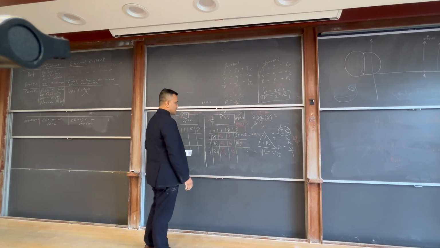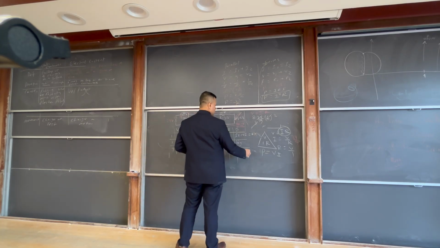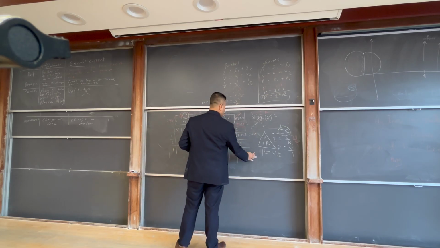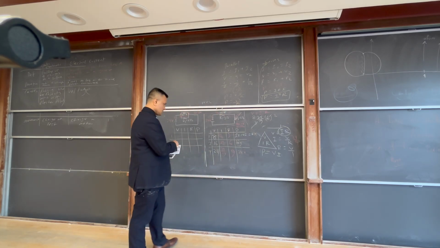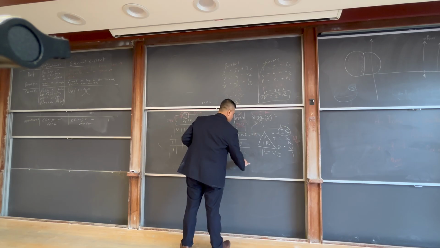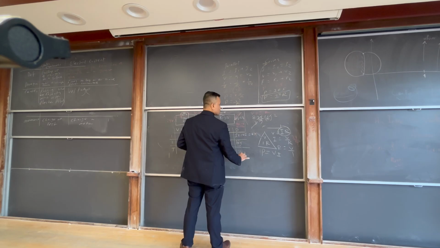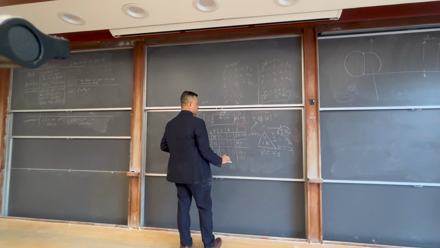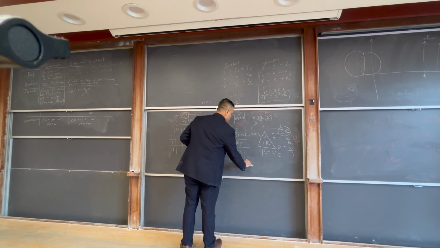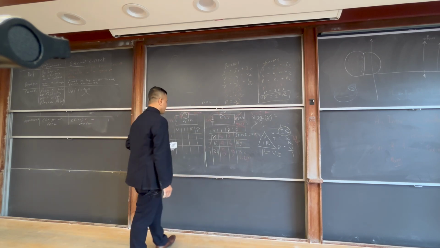Then we add them up: 8x plus 16x, and the power is 24x, where x is, of course, 24 over 9.